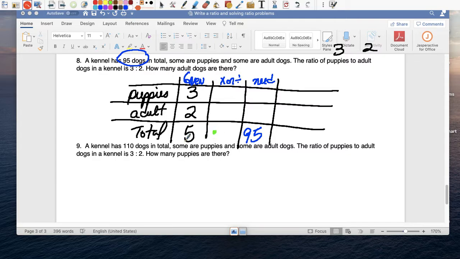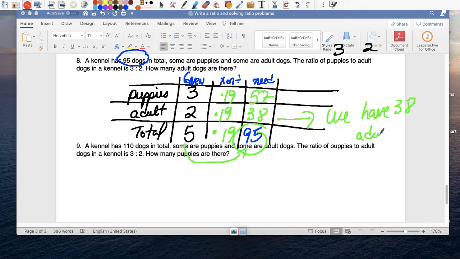What are we multiplying? 5 times 19. So times 19, times 19. 3 times 19 is 57. 2 times 19 is 38. So when we have 95 total dogs, how many adults? We have 38 adult dogs.